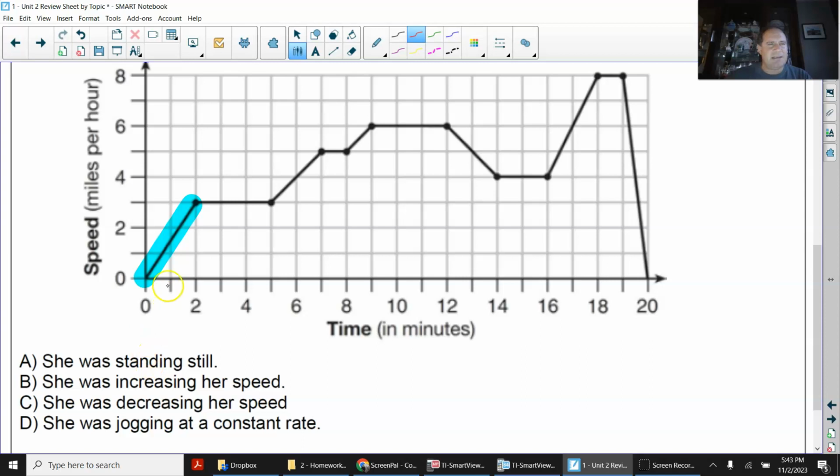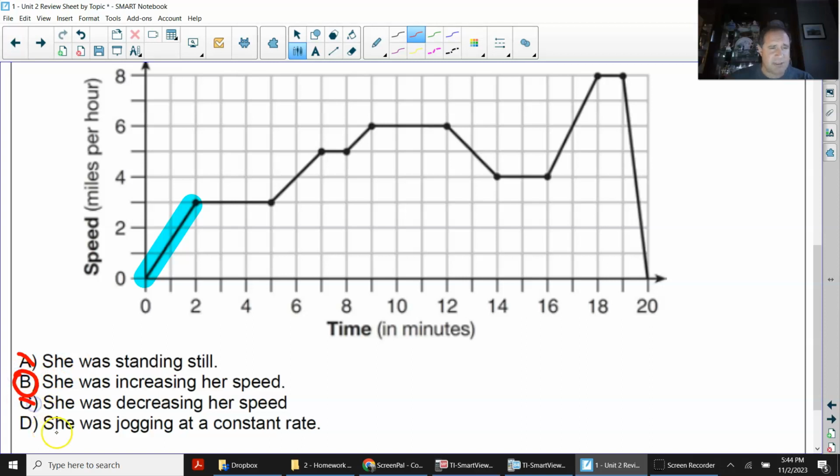Was she standing still? No, the speed is increasing, so she's not standing still. She's not standing still here. But she's maintaining her speed here. But she's increasing her speed right here. So B is your answer.